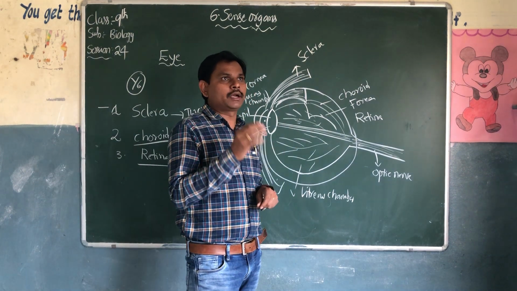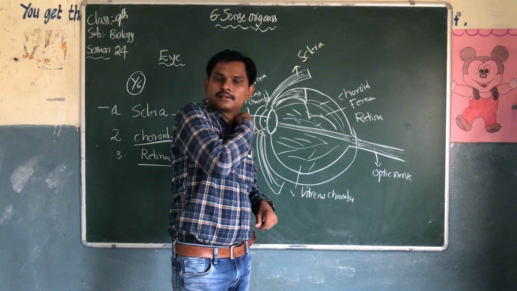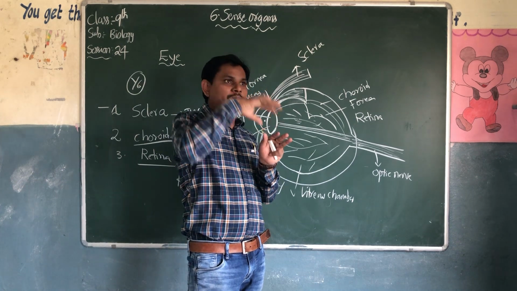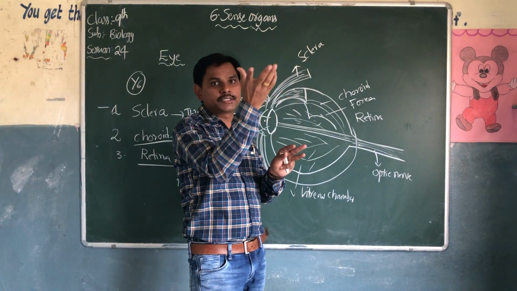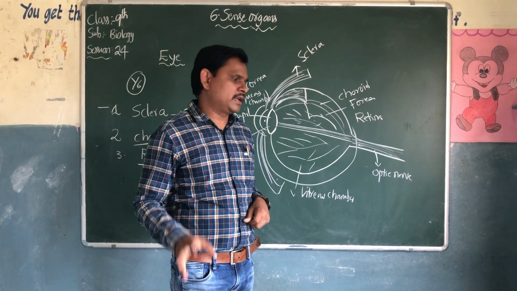How the image falls, what is biconvex, what is concave, what is convex, how the inverted image forms in the eye, and how it is converted in the brain will all be explained in detail in the higher classes.